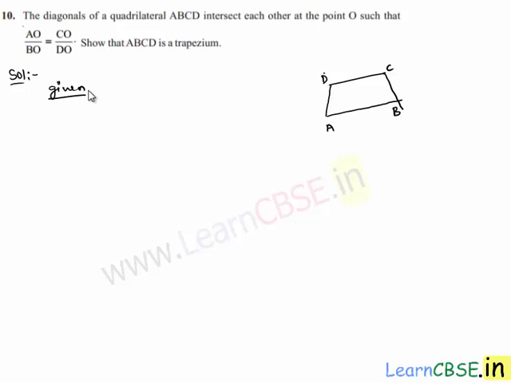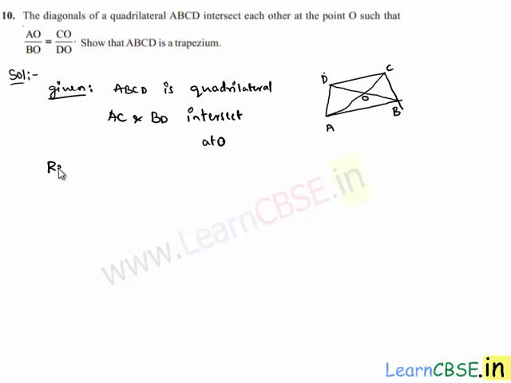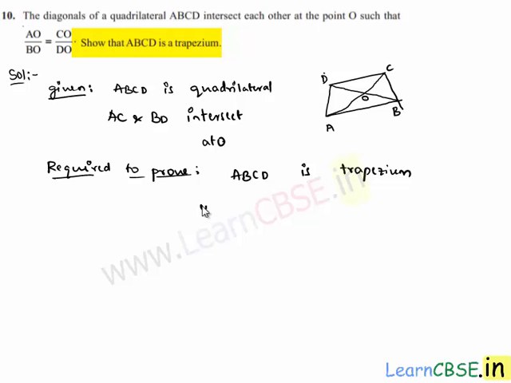So now we can write the given as: ABCD is a quadrilateral and diagonals AC and BD intersect at O. Here we are required to prove that ABCD is a trapezium when AO by BO is equal to CO by DO.